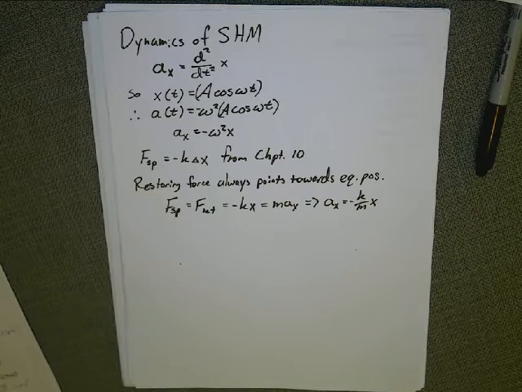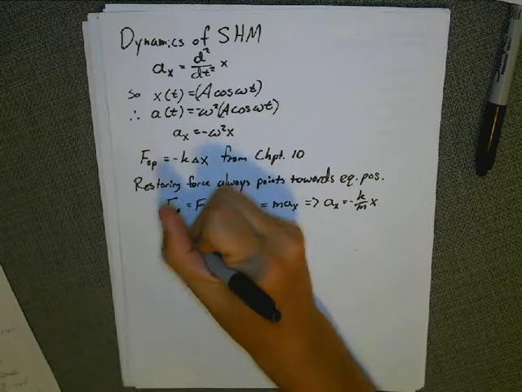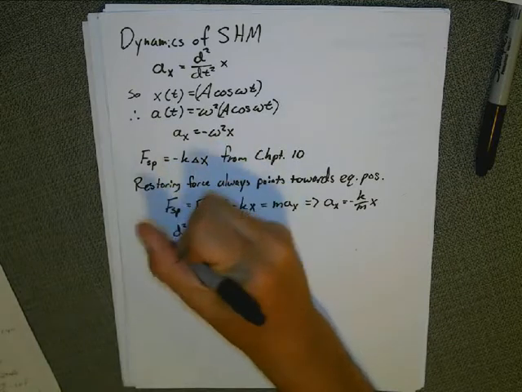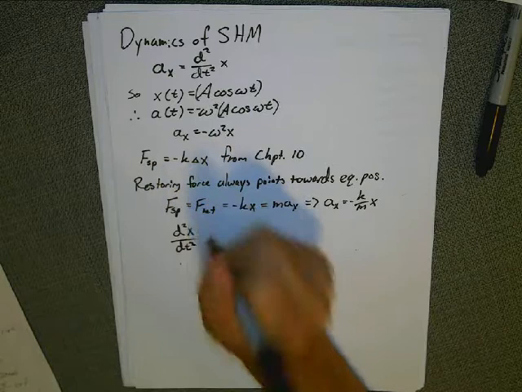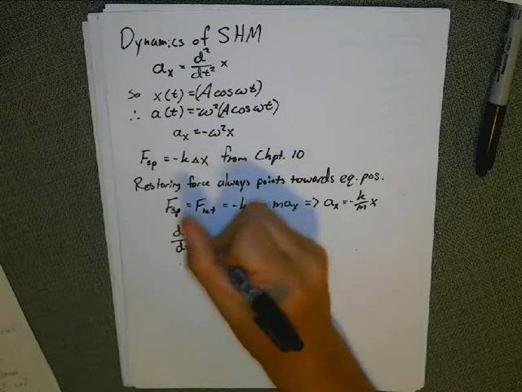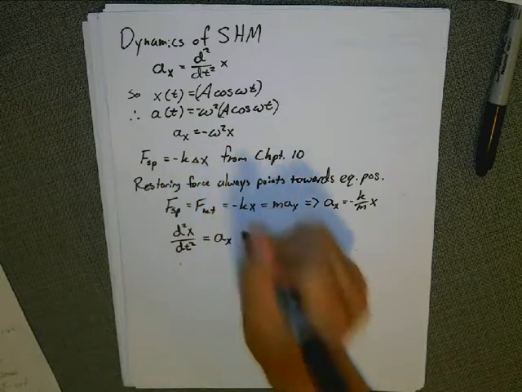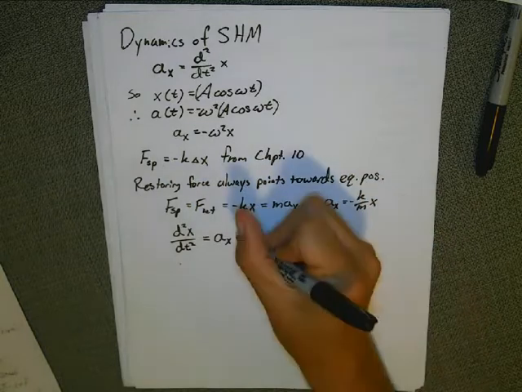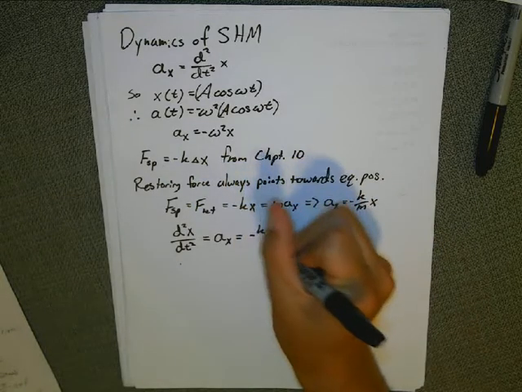We can then start to say that the equation of motion, which is a higher order differential equation, is what we have above, and this is equal to negative k over m x.